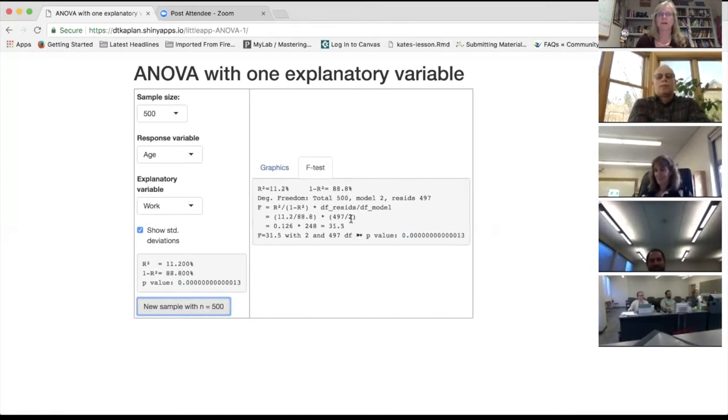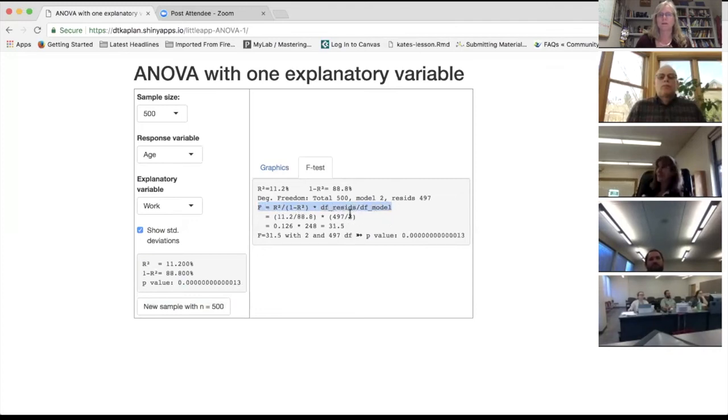And that's because, as I was saying, it's not exactly just the ratio of the explained to the unexplained. It also has the ratio of your degrees of freedom here. So the F statistic is actually a combination of those two concepts.